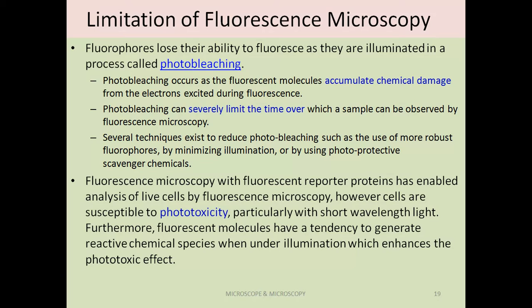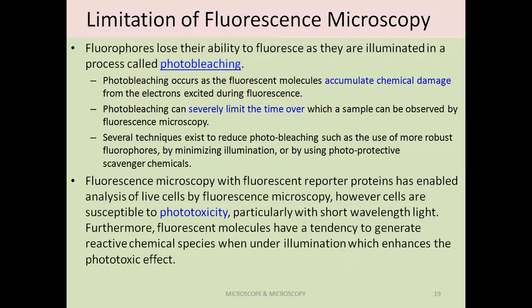Then we have the limitations of fluorescence microscopy. Dyes lose their ability to fluoresce as they are illuminated, in a process called photobleaching. This photobleaching occurs when the fluorescent molecules accumulate chemical damage from the electrons excited during fluorescence. So photobleaching can severely limit the time over which a sample can be observed in fluorescence.